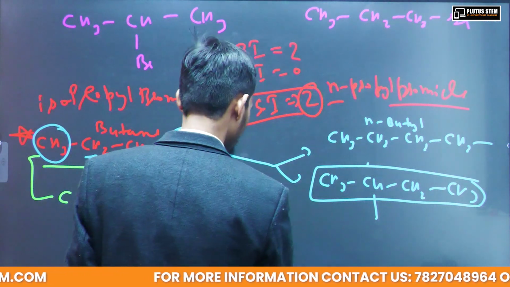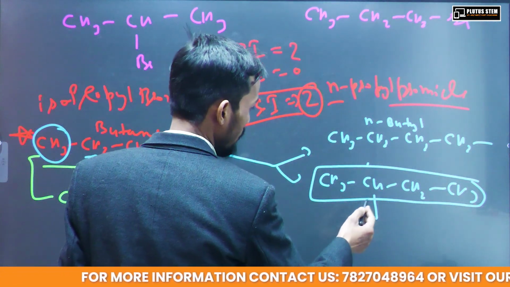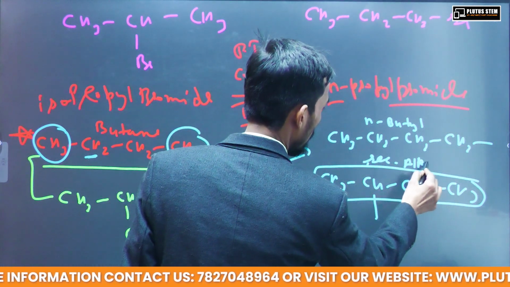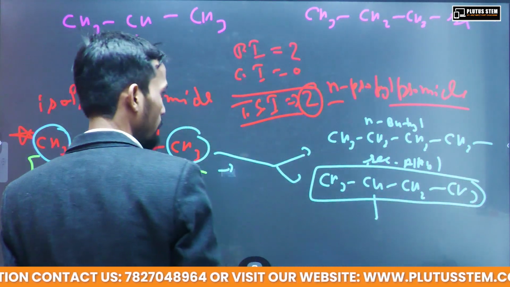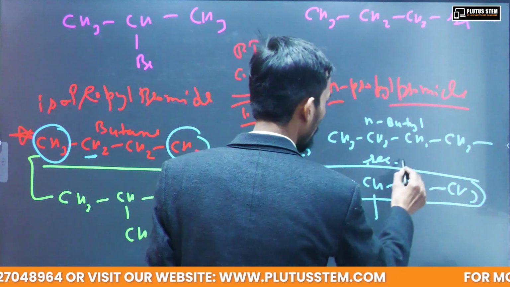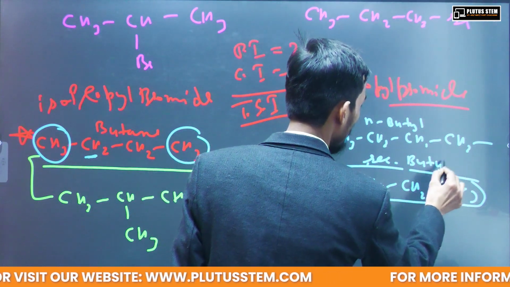Clear? This we can call secondary alkyl or secondary butyl. 4 carbons are there, so we can call it secondary butyl.